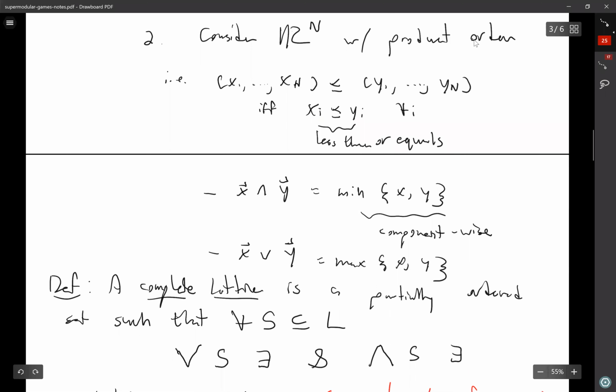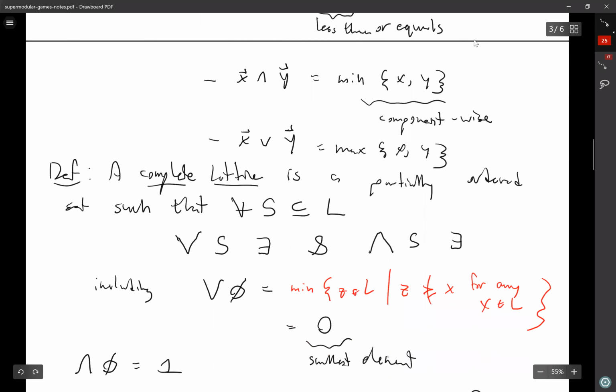And so here we have meets being the component-wise minimum of these two vectors, and joins being the component-wise maximum of these two vectors.